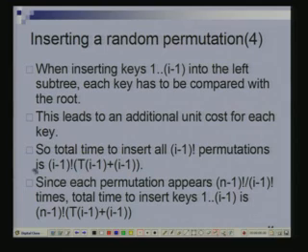So, what is the total time? Well, I have my I minus 1 factorial different permutations. So, the total time is this product. Now, each of the permutations, recall, appeared so many times, n minus 1 factorial divided by I minus 1 factorial times. So, what is the total time I spend in inserting keys 1 through I minus 1?